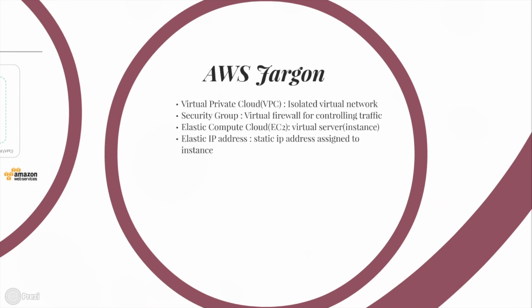These are a few of the jargon terms which we see in our previous diagram. Virtual private cloud, abbreviated as VPC, is basically an isolated virtual network which provides you a separate private network in which you can put your resources and work on them. A security group is basically a firewall which controls traffic, both inbound and outbound.